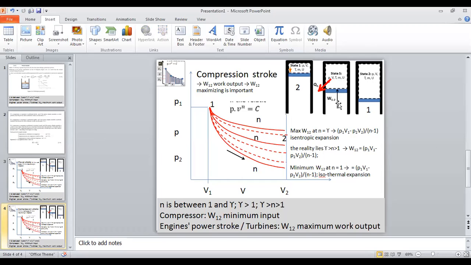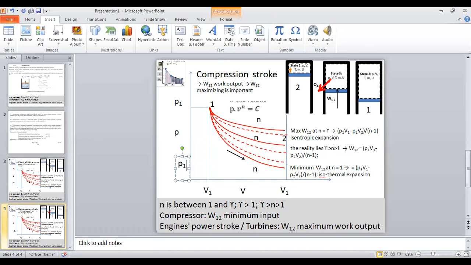See, the volume is getting reduced. So this is your V1. And you may have a P1 value.